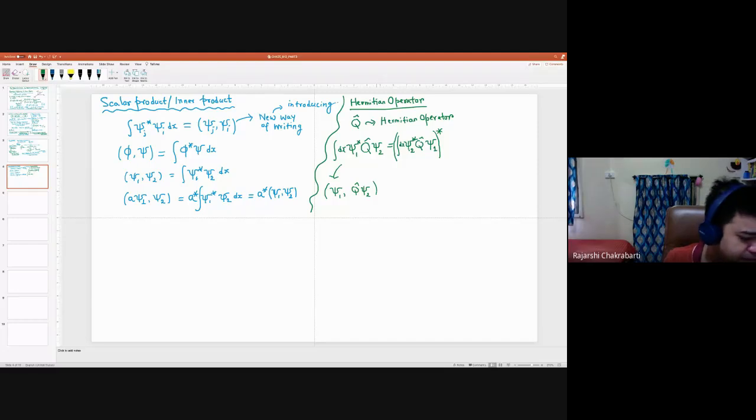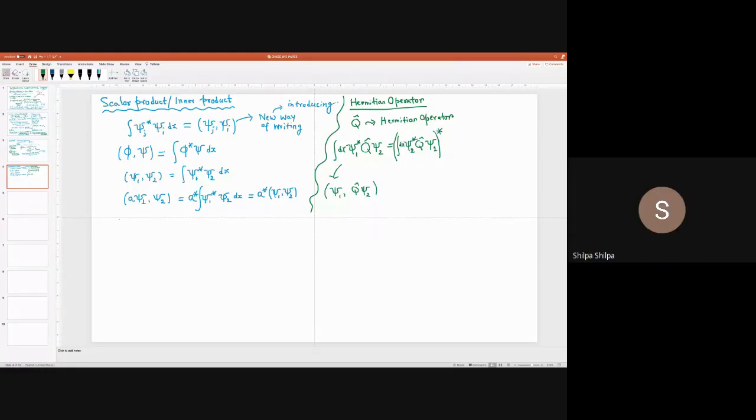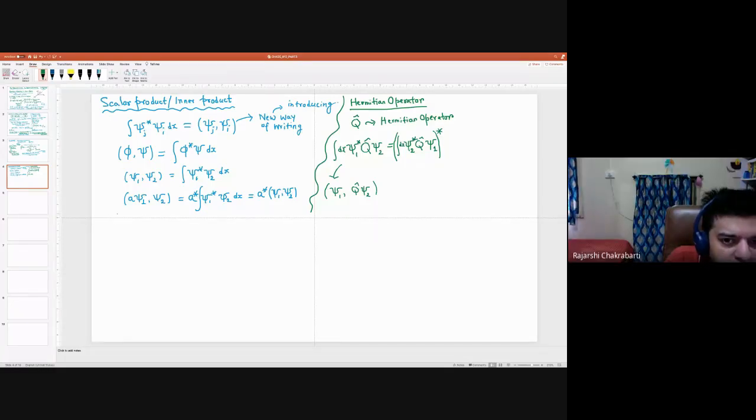Now let me do one more thing. If I write down psi1 comma Q psi2 and take a complex conjugate of that. So look carefully, Q operating on psi2 will give me another wave function, isn't it?